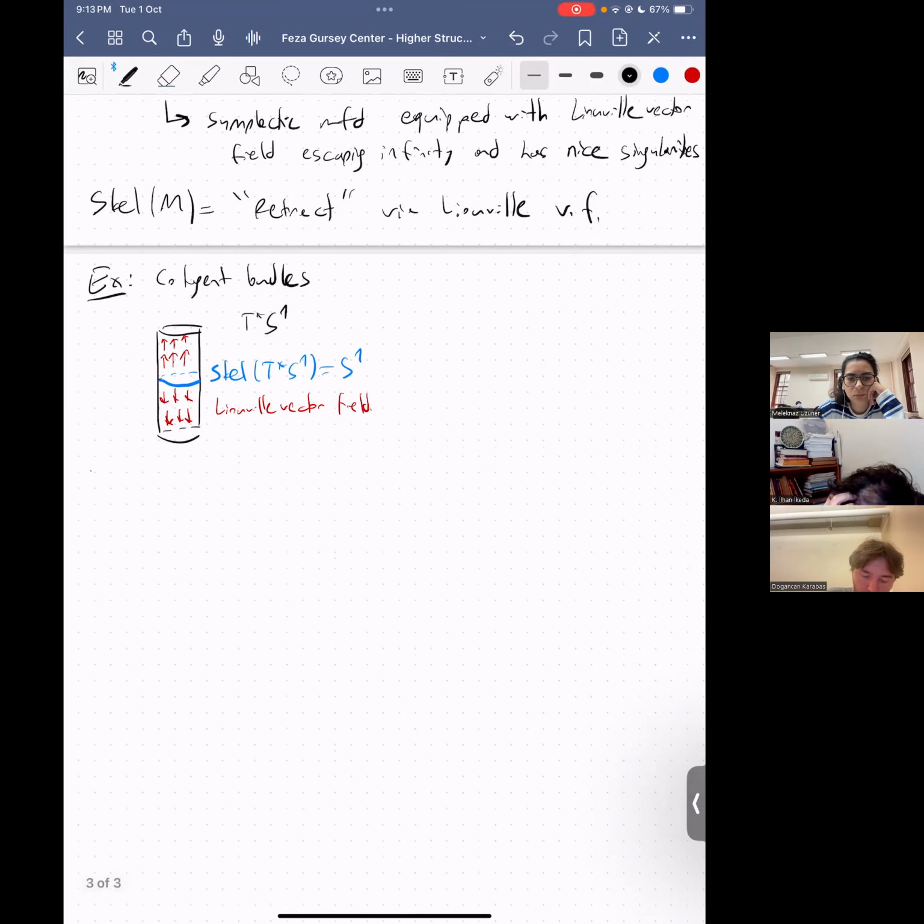Another example is the pair of pants. This is also a Weinstein manifold with this Liouville vector field.